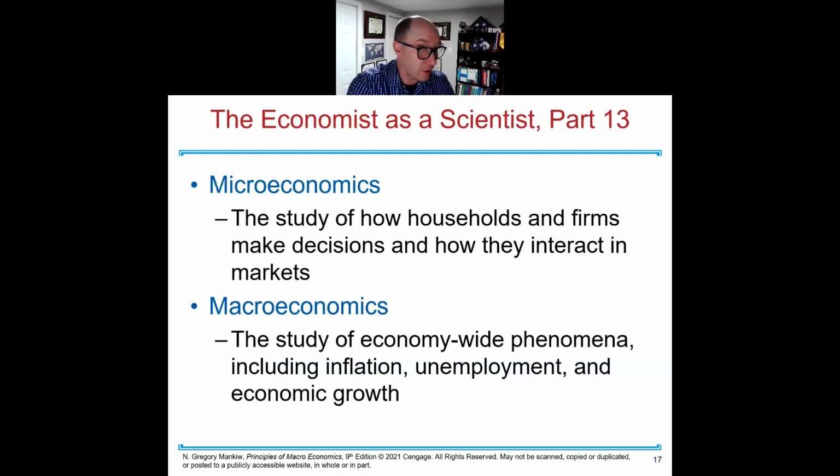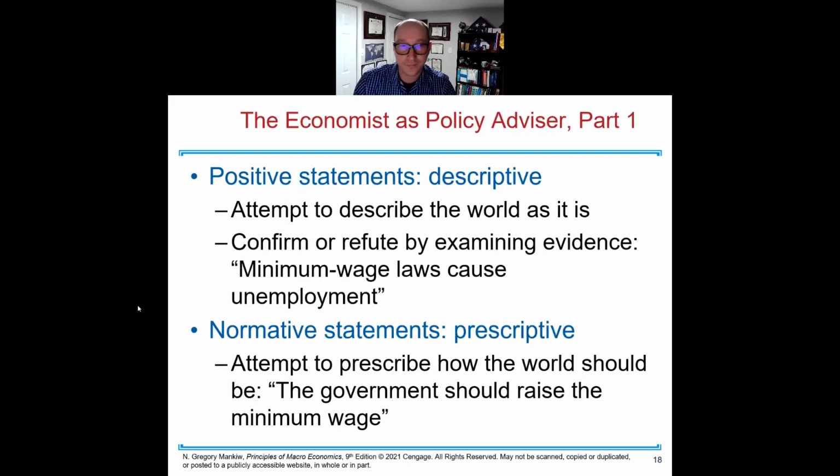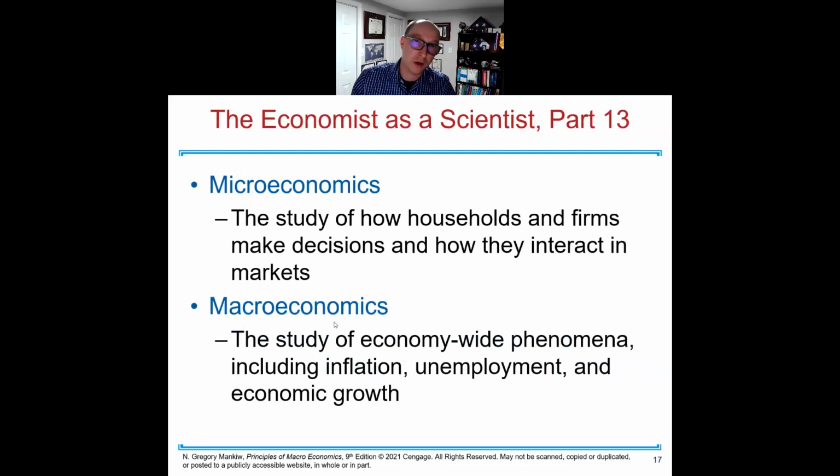Microeconomics, which is, I believe, Econ 202, focuses on the individuals, the households, and the firms on a micro scale, on an individual scale. That's the difference between the two. So this course is macro. Your other economics course is going to be micro.